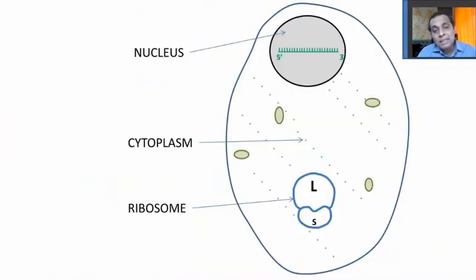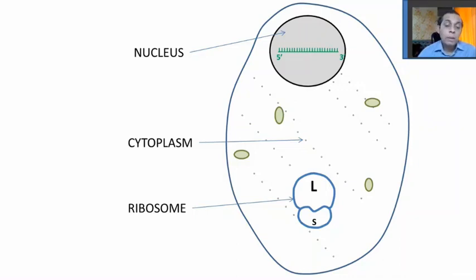Now, once transcription is done, the transcription is done in the nucleus. And you can see in this cell, the nucleus has the mRNA ready for the next step. The next step is going to be translation. For translation, it is going to happen in the cytoplasm. In the cytoplasm, the translation takes place in the protein factories called ribosomes.